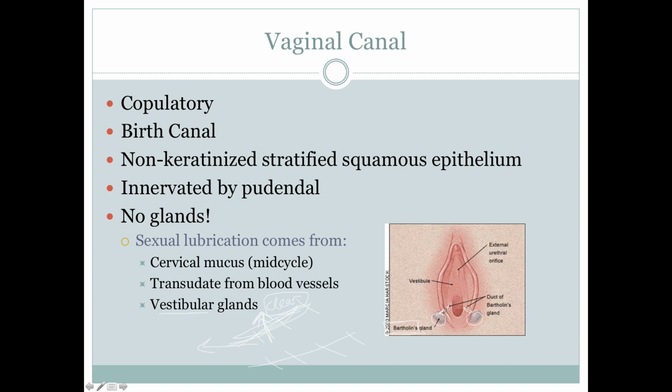If you want to really become disturbed or disturb somebody else, you can Google pictures of Bartholin gland cysts, because there's a duct here. If there's anything that blocks that duct, this becomes really, really big and inflamed. But that helps keep this outside lubricated. And then the rest is just transudate during sexual excitation, and then cervical mucus.